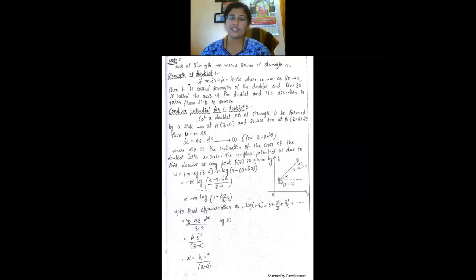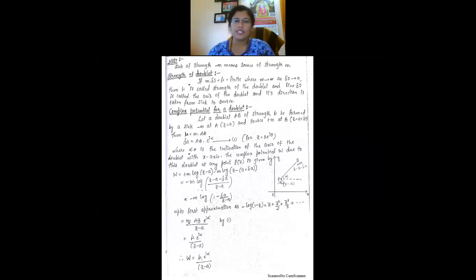Remember the last result in yesterday's class, we derived the complex potential for a source, that is W equal to minus m log Z when it is placed at the origin. If you are writing the complex potential for a sink, for a source it is minus m log Z, for a sink it is minus of minus, it becomes plus m log Z. So first you are writing the complex potential for a sink now.